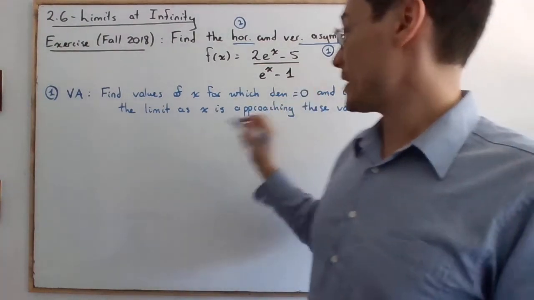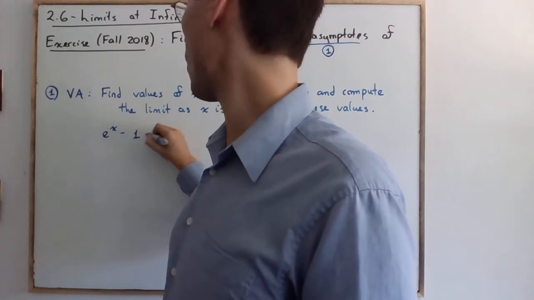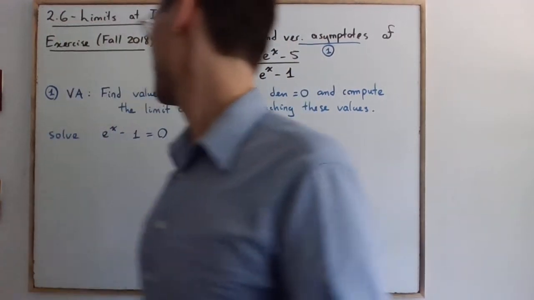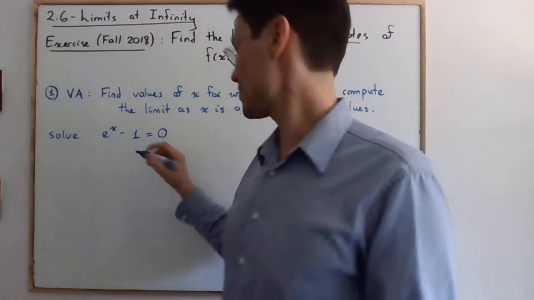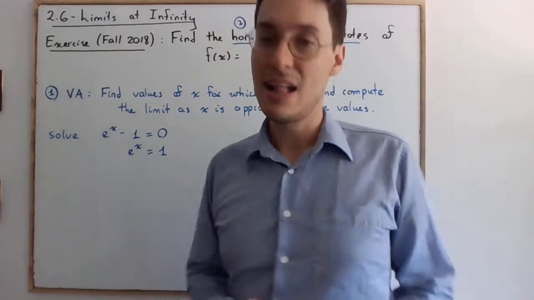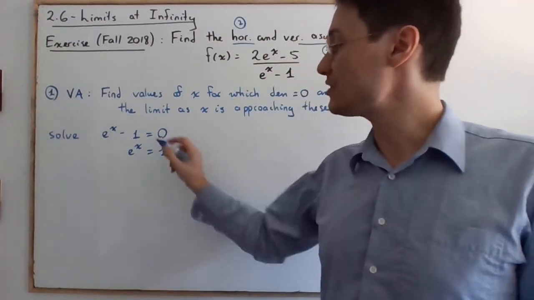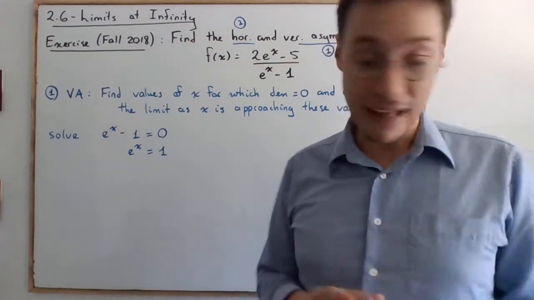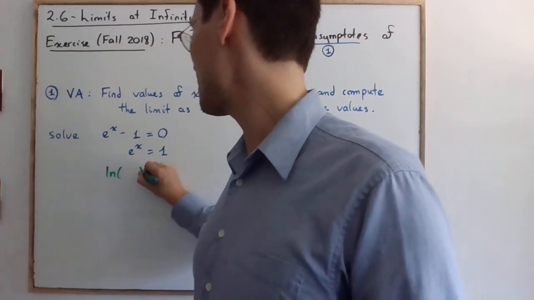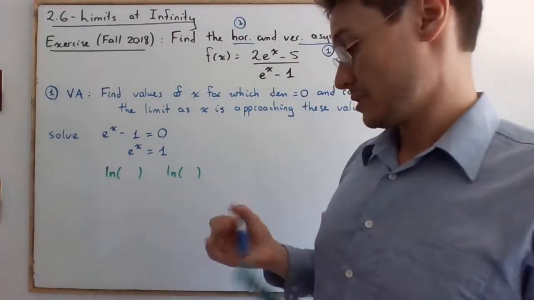First of all, it means that we need to solve this equation. That's easy to do. The first step is to send the 1 to the other side. Then, if you remember, there's more than one way to get the value of x here, but a way that I strongly suggest is to think about taking the logarithms on both sides.